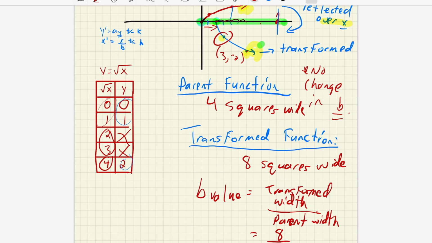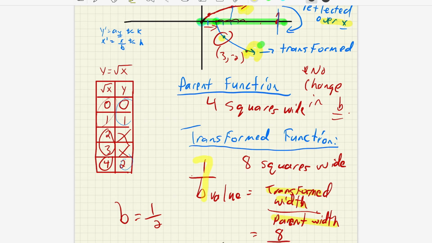But remember that the graph gets transformed by a factor that is 1 over b. So to get the actual b value, right, you would have to inverse this. And so b would be equal to 1 over 2. So we could even say that the 1 over b value is equal to the transformed width divided by the parent width.